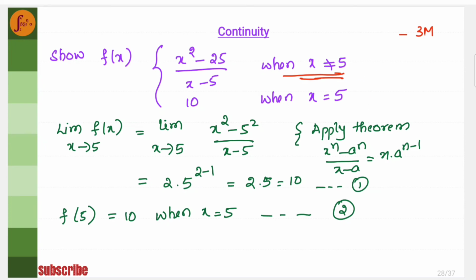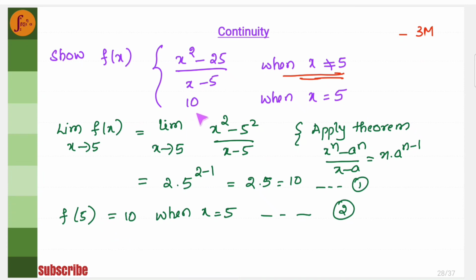We'll take the first expression, apply the limit x tends to 5 of f of x. If you notice, this is of the form x to the power n minus a to the power n by x minus a. So we'll apply the limits theorem and we will get 10, right? We'll call this expression 1 or equation 1. Then we will take the second expression when x is equal to 5. So we'll write f of 5, because when x is 5, f of 5 is 10.